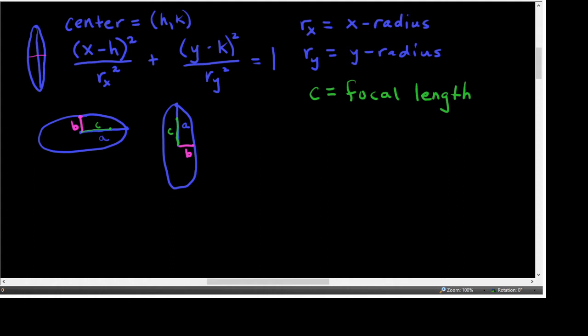All right. So if we were to take, let's say the left-hand one where the major axis from vertex to vertex is horizontal, the first picture. If I were to take the distance C, let's just pretend like this is exactly what C is there.